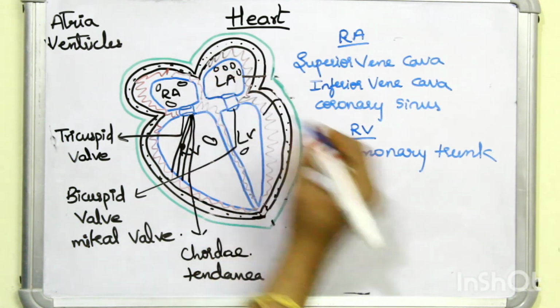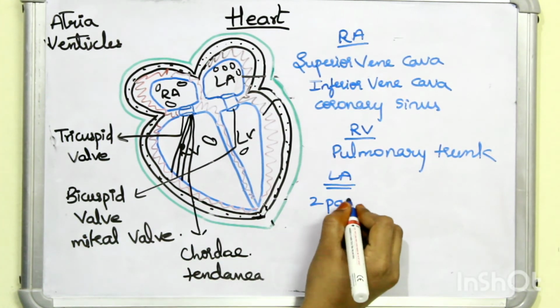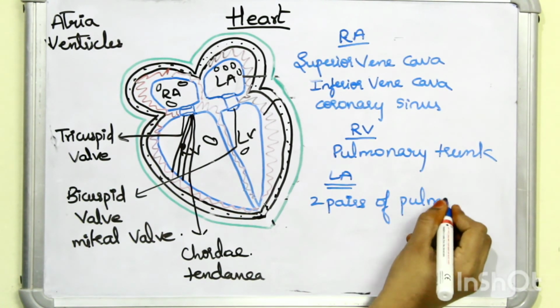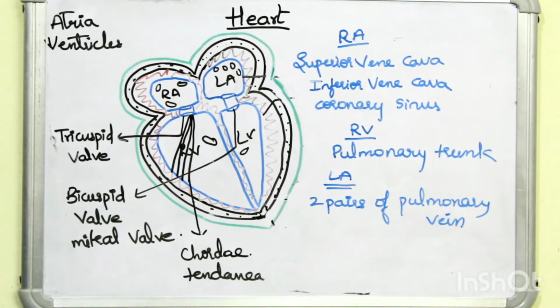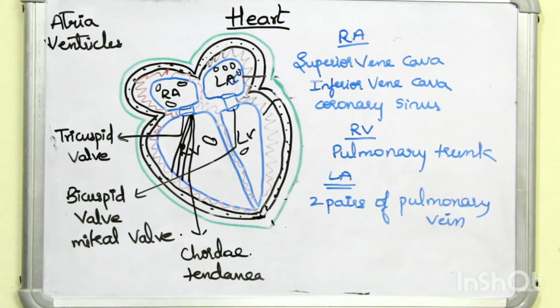Okay. Next we have the left atrium. It has two pairs of pulmonary veins. Okay. Two pairs of pulmonary veins which bring blood to the heart from the lungs.